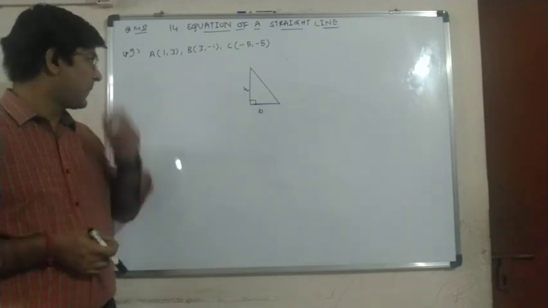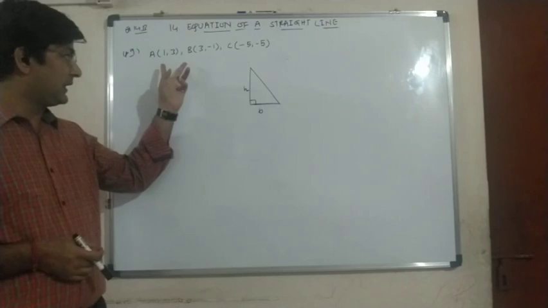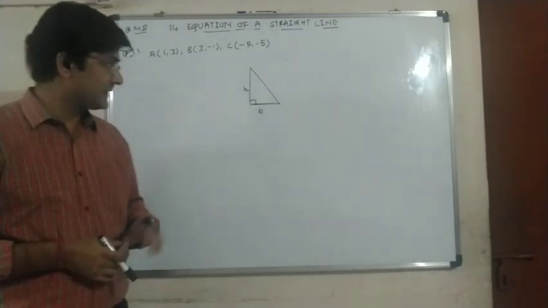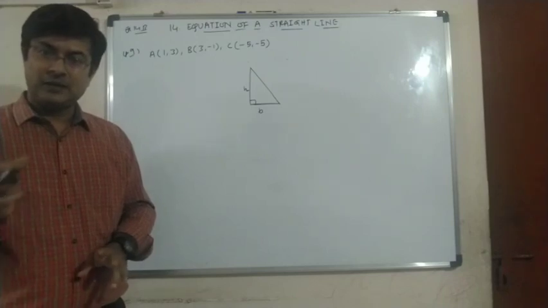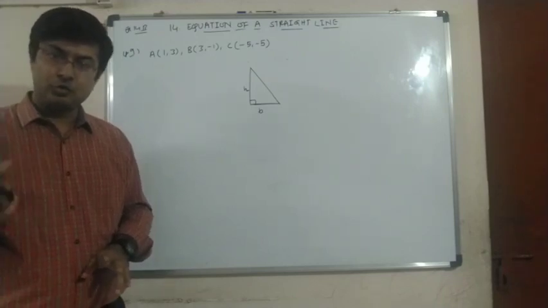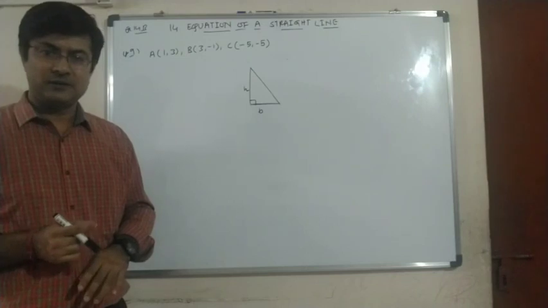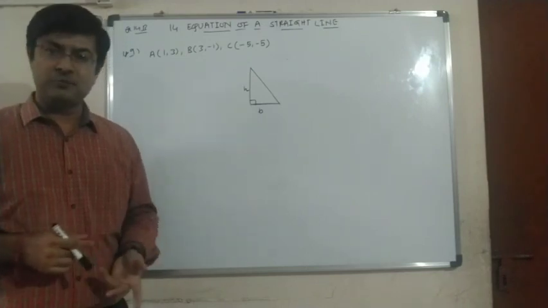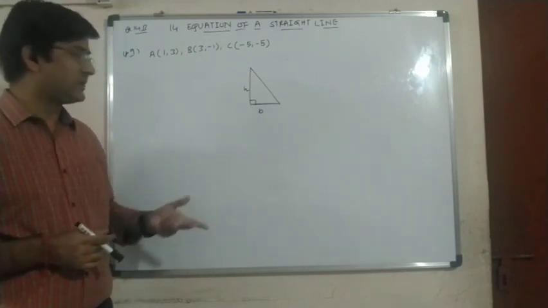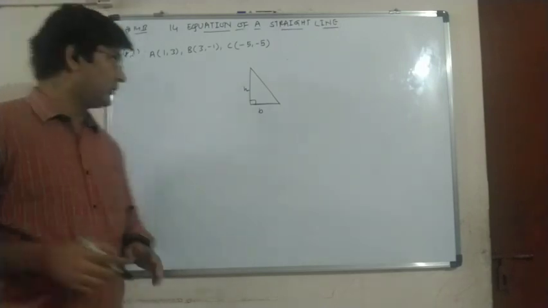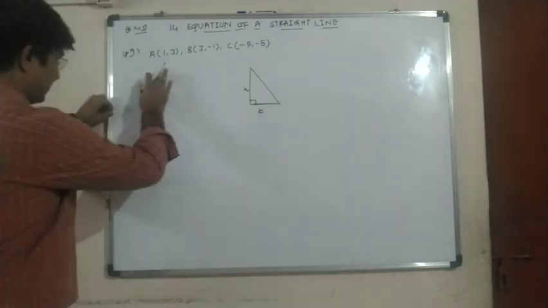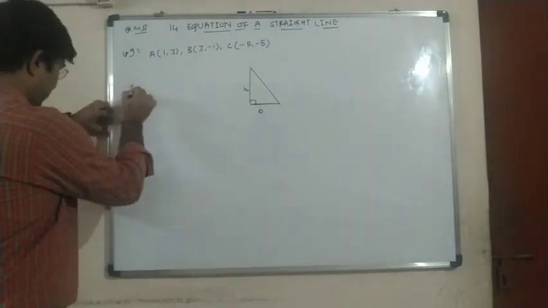So what we will do, we will calculate the slopes of all the three sides, AB, BC and AC, and then we will check. Okay, we will take the products of two sides at a time. For example, slope of AB into slope of BC, and slope of BC into AC, slope of AB into AC, like this. Yes or no? So let us start.